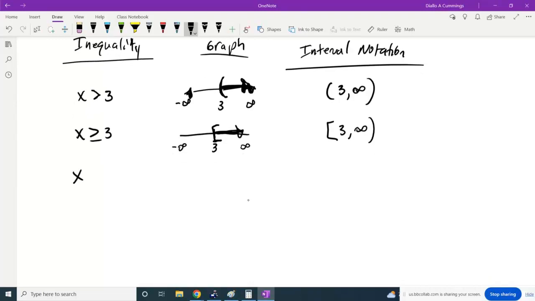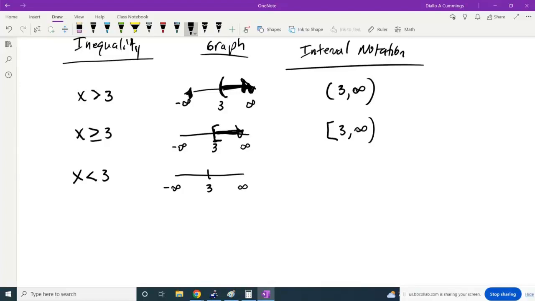All right. So next I'm going to write x is less than 3. We're going to make a rough sketch of a graph, and then we're going to take that rough sketch of a graph and write it in interval notation. Here again, no need for an elaborate graph. I'm just going to make a basic line graph centered at 3, negative infinity to the left, positive infinity to the right.